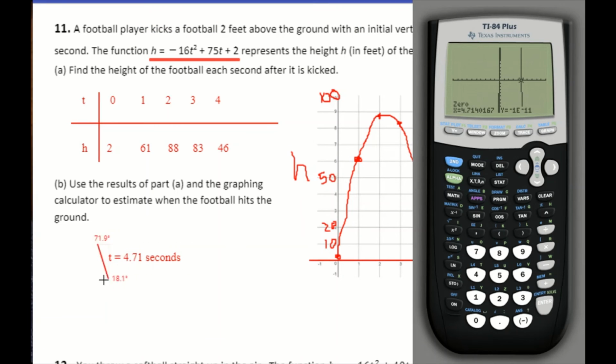So let's go over those steps again. I'm going to be kind of fancy here and say second. Okay, so we want to hit that one. And then the calc button.